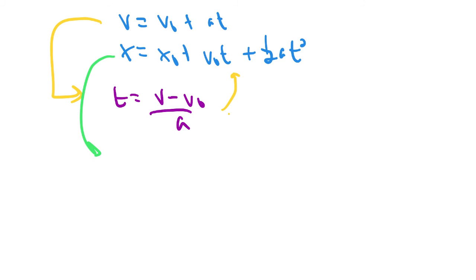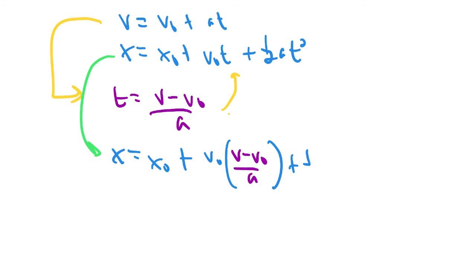And I get that x is x0 plus v0 times v minus v0 over a, and I'm going to mark that just to emphasize again where it's coming from. This is t. And then plus 1/2 times a times t squared, so v minus v0 over a, quantity squared.